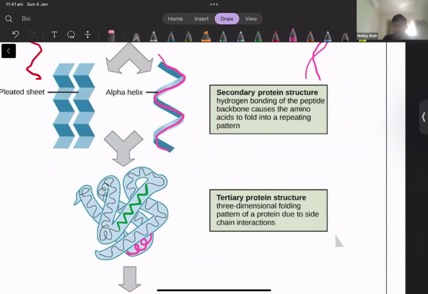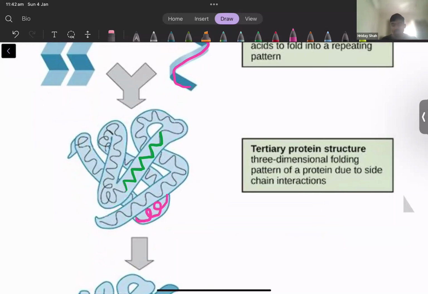If you only have one, right, it has to be the secondary stage. So if you have one beta pleated sheet or one alpha helix, that's at the secondary. But in this example, where I can see both, that must mean it's the tertiary structure. Right. Similarly, if there were like 3 alpha helices and no beta pleated sheets, that's still tertiary structure because there's more than one group.